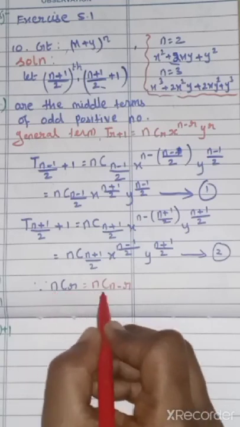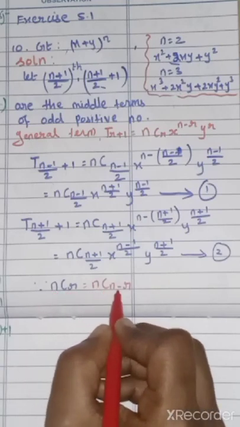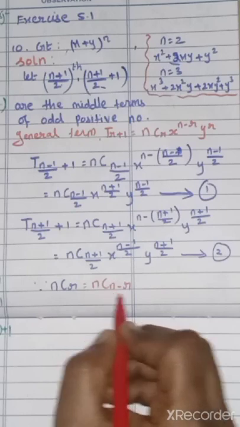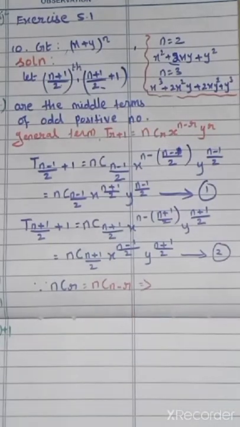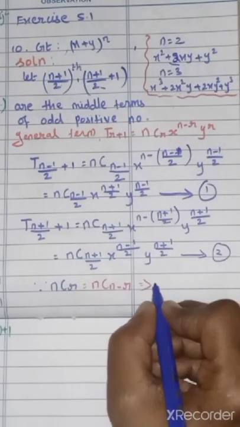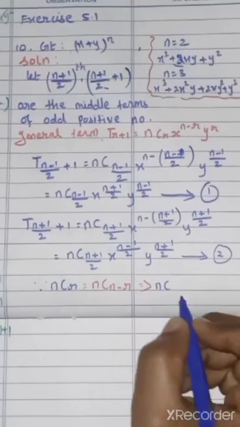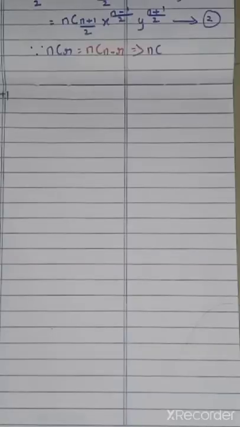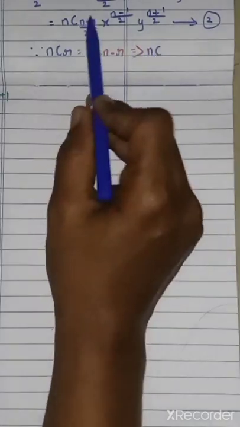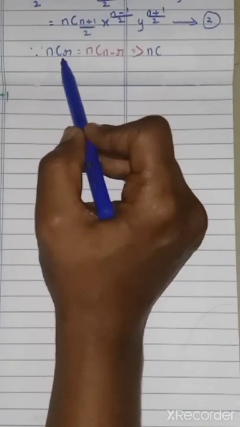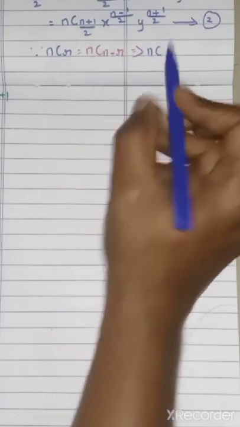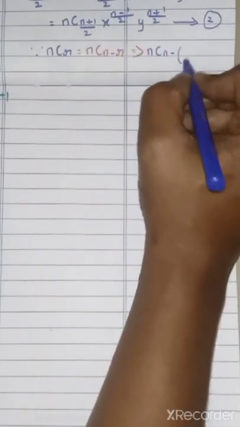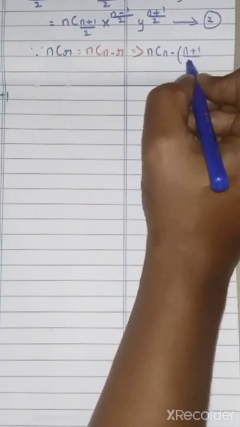So nCr is equal to nC(n-r). So we can write this using this property as nC(n minus r), and n minus r is this one, (n+1)/2.